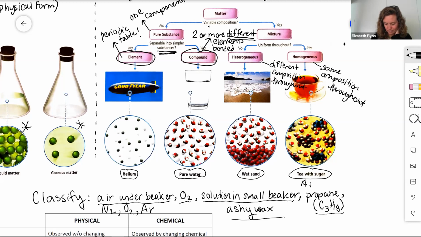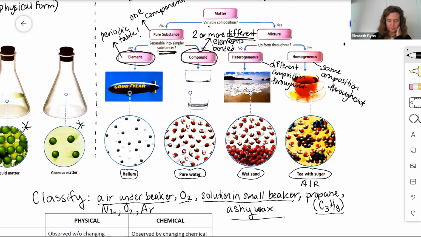So air is an example of a homogeneous mixture. Each one of these things, so a mixture. So Masha, are you asking, are all mixtures made up of compounds, or is this mixture made up of compounds? Hello, can you hear me? Okay, let's do the next one.